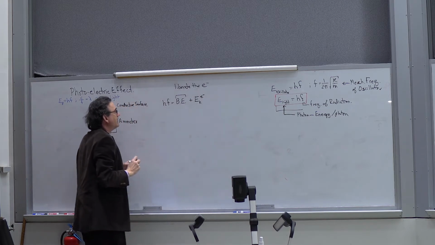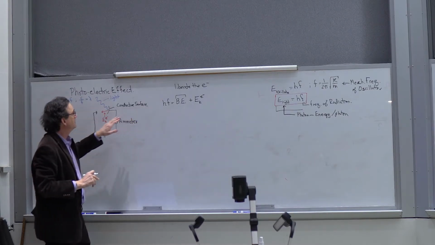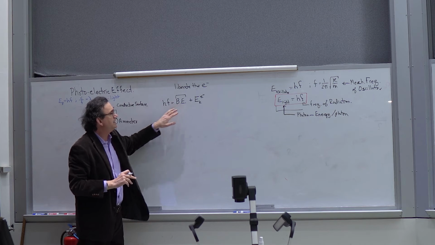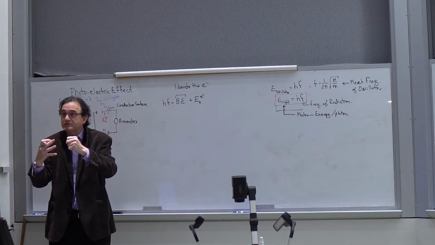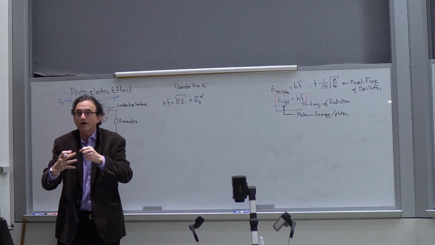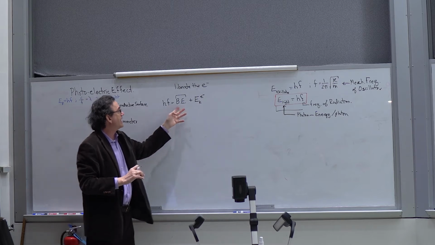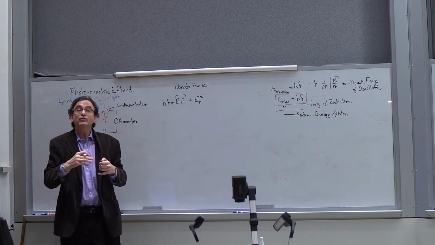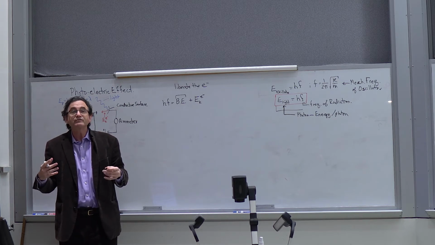So the energy being provided by the light is equal to the binding energy holding the electron in the orbit that has to be dislodged, and then the remainder will be converted to kinetic energy, or classically we call it 1/2 mv squared.